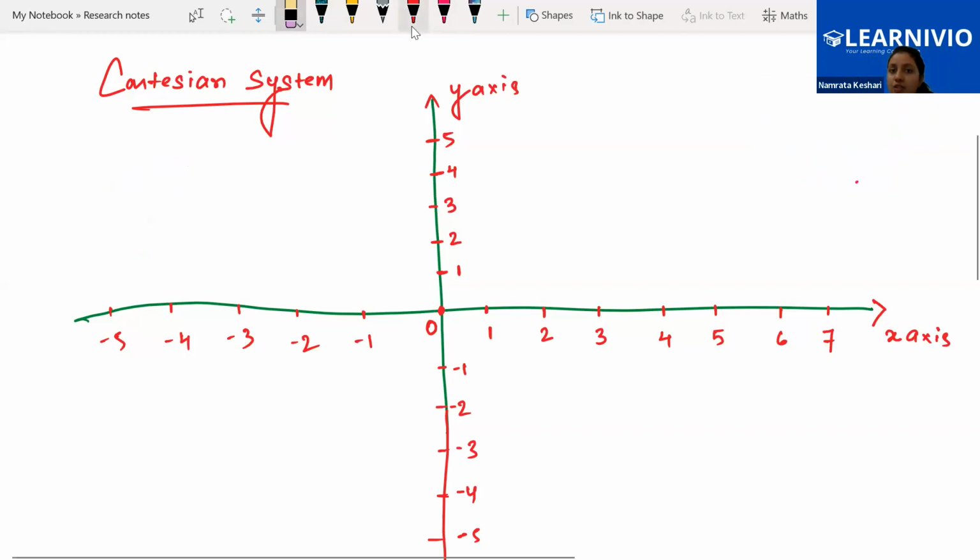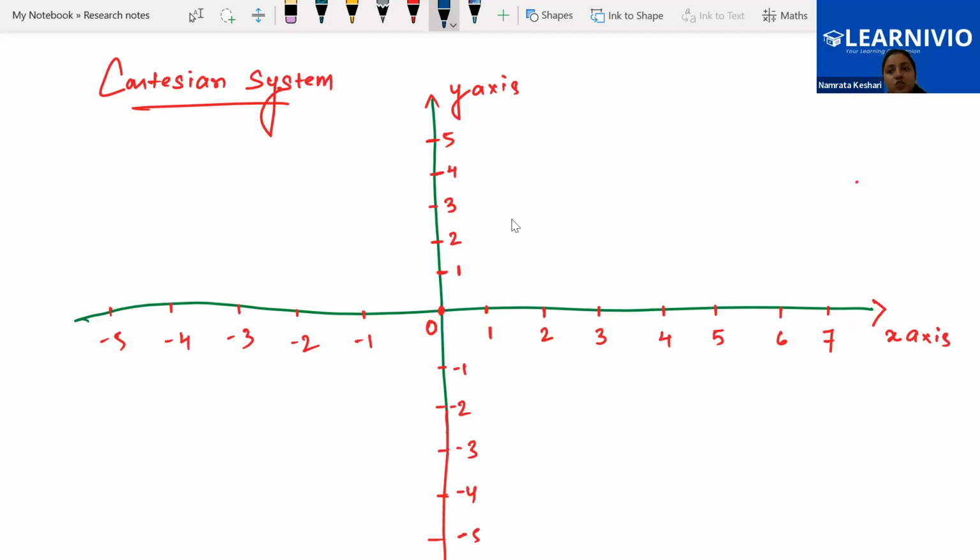Let me make it clear: this concept is very important, and we will give two or three classes, whatever is needed, because after this class you will have to make a graph and locate a point. If it is not clear here, then in future you will struggle a lot.